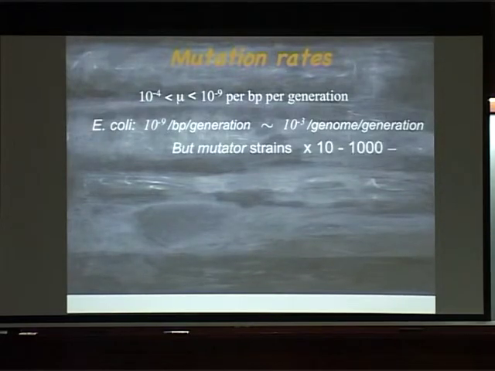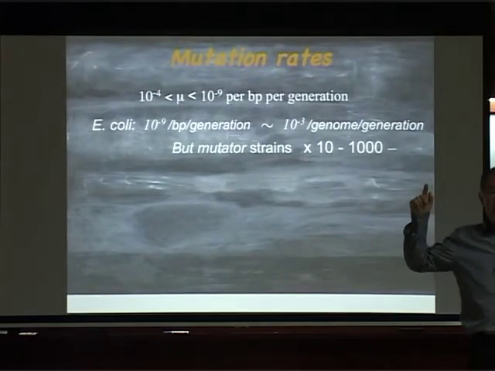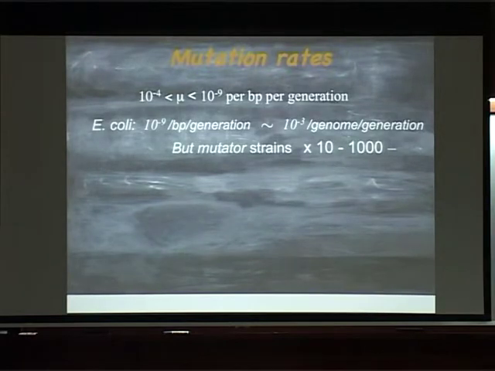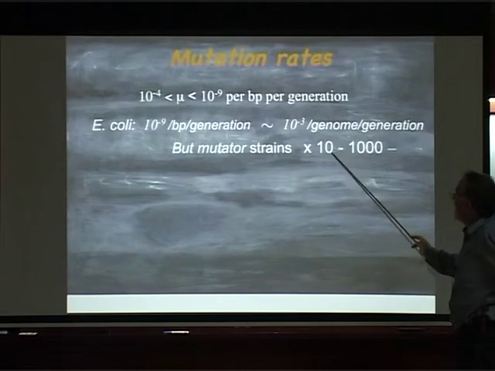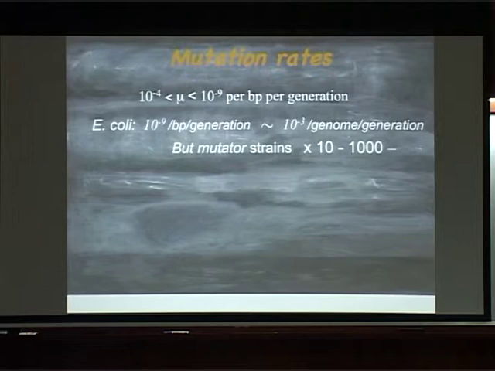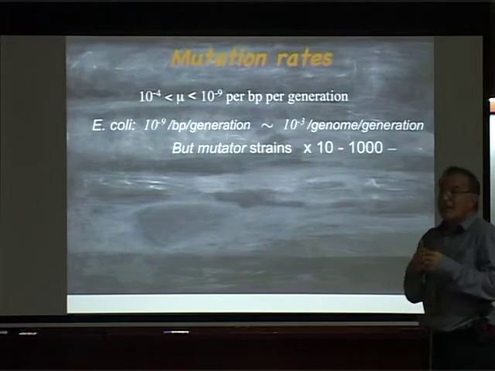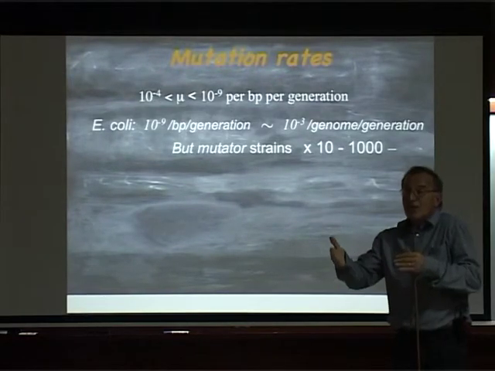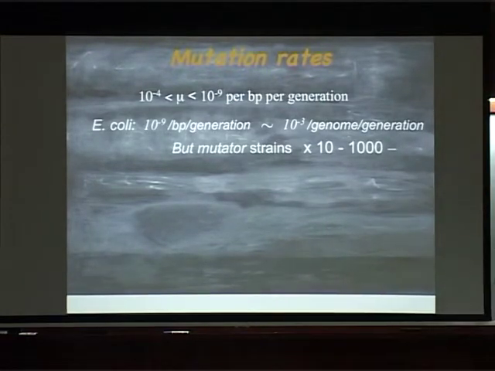But that number refers to E. coli wild type, whatever that might be. So wild type E. coli actually is a lab strain. So there are mutated strains of E. coli which mutate 10 or 1,000 times faster. And there is actually evidence that E. coli and other bacteria can kick into this high mutation rate state under stress.